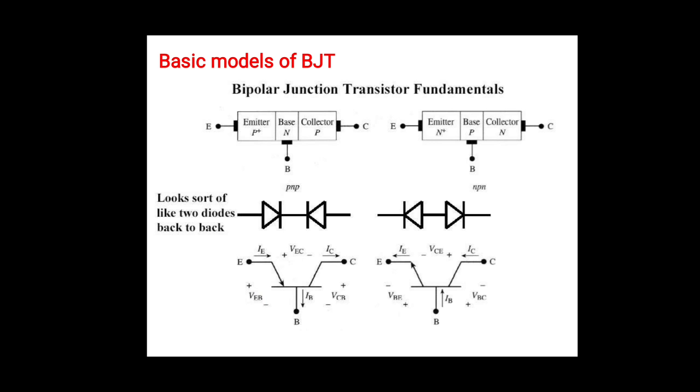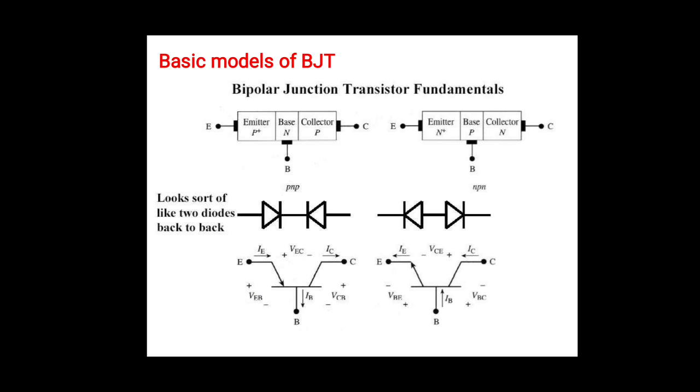And if the arrow mark on the emitter terminal is in the outward direction, it indicates an NPN transistor. So let us see the currents and voltages in PNP and NPN transistors.